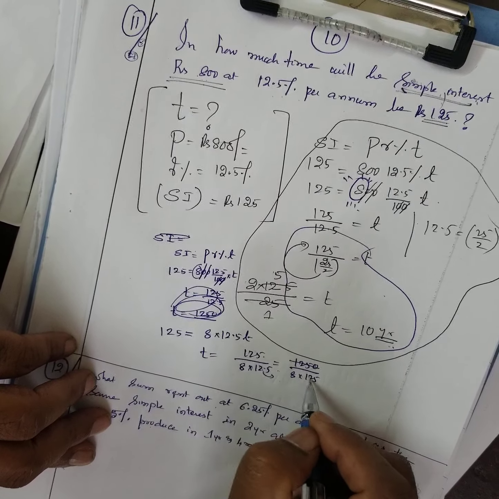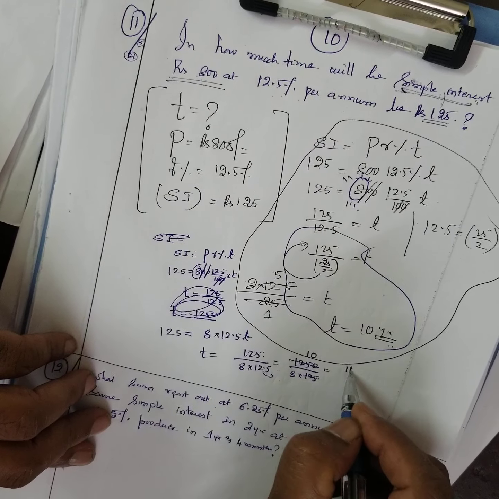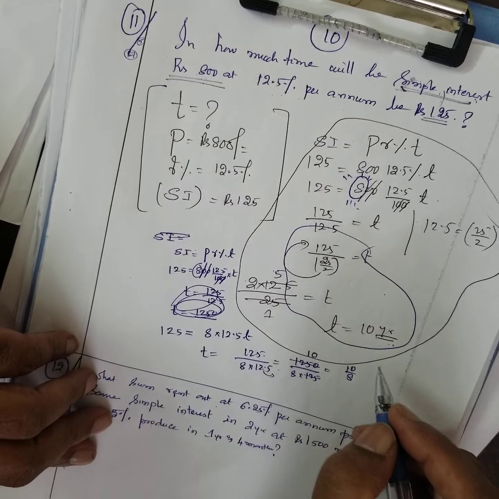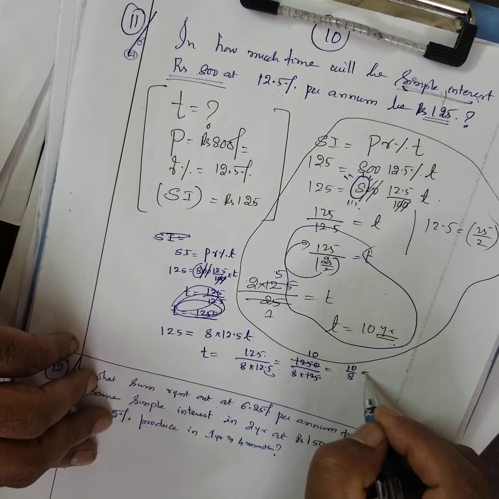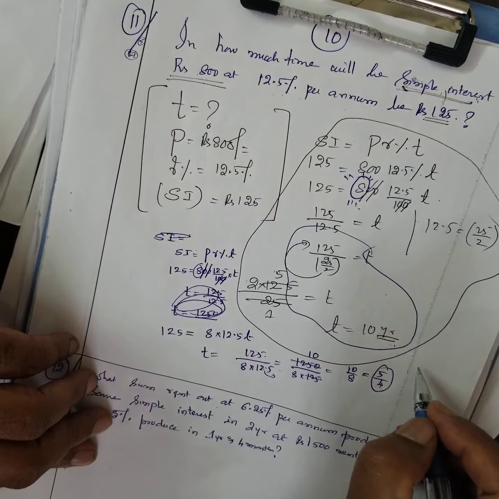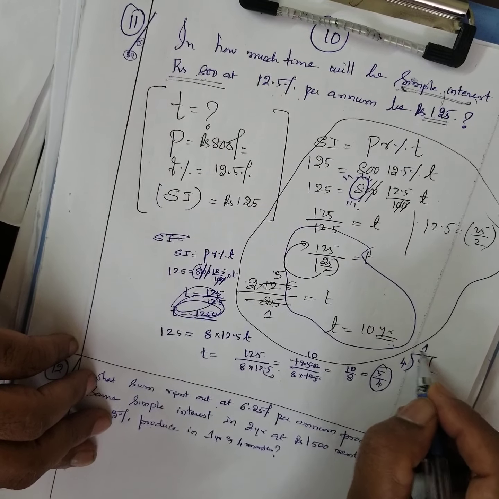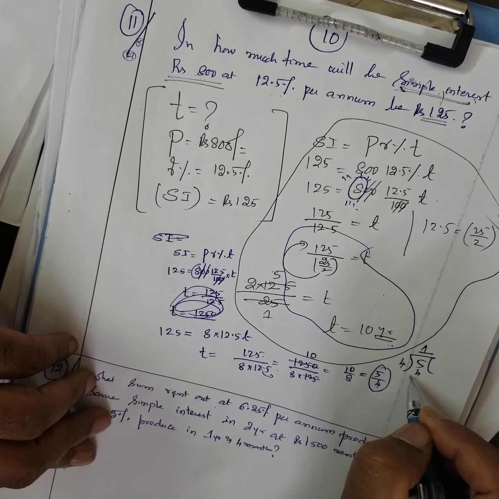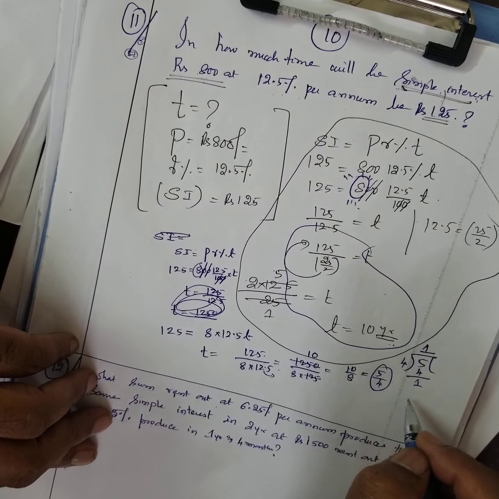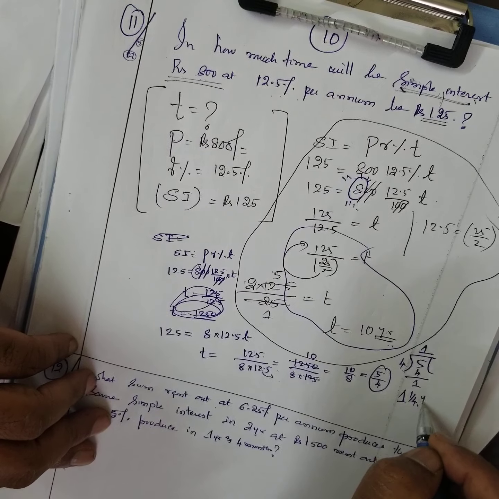Therefore this is 10 times, 10 by 8 or 5 by 4. 5 by 4: 4 goes one time, remainder is 1. Therefore 1 and 1/4 year.